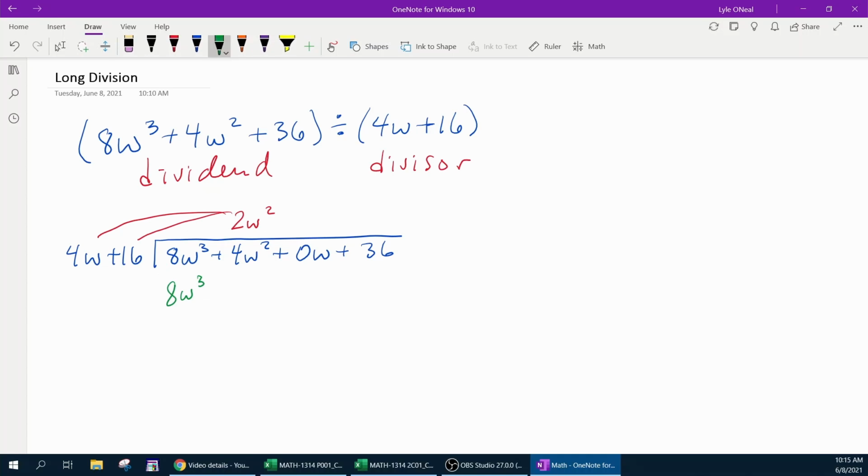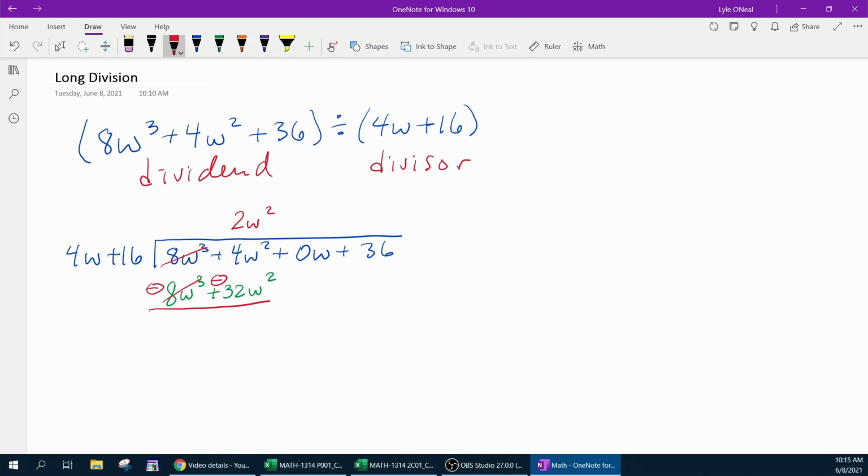And then 2w squared times 16 is going to be a plus 32w squared. As soon as you finish distributing, you're going to draw a line and change the sign. That's just the way it works. Draw the line, change the sign. It'll work every time. And then we're going to combine.